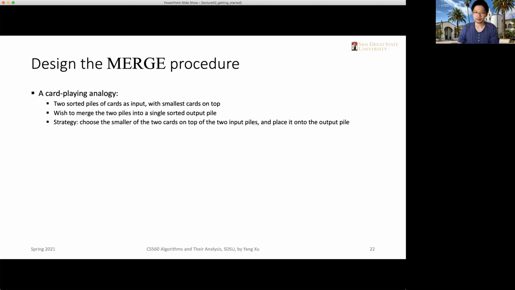We keep doing this until one pile is totally empty, until we have consumed all the cards in one pile, and then we just append the remaining pile to the end of the output pile. I think that procedure is quite imaginable. You can think of two piles in front of you and you just compare the top elements. A two variable for loop.